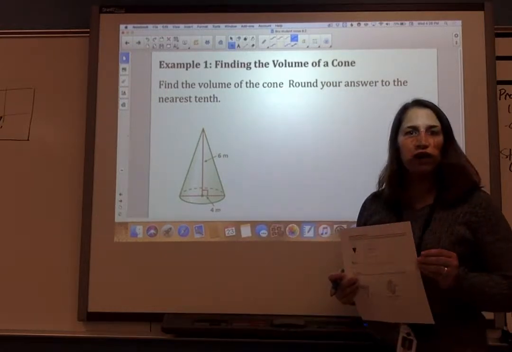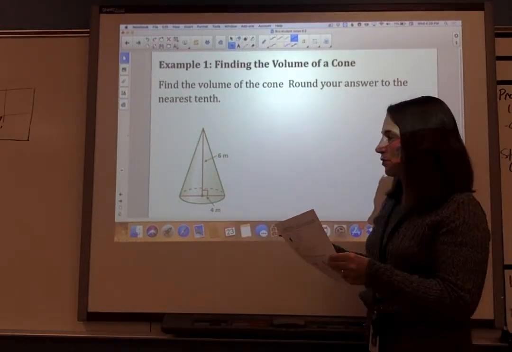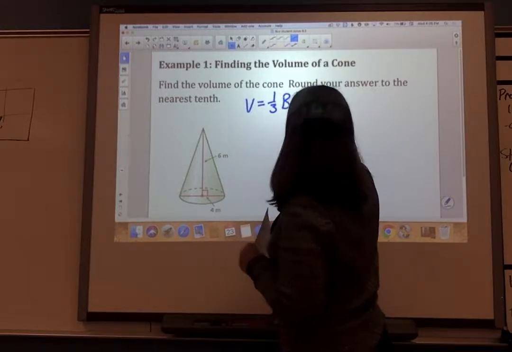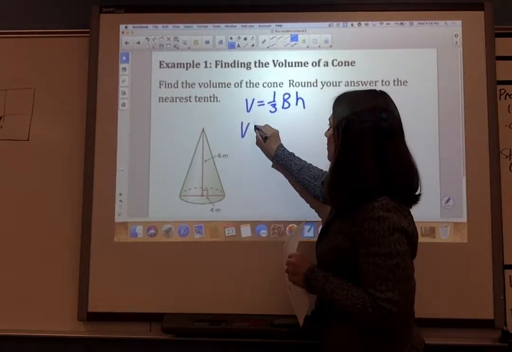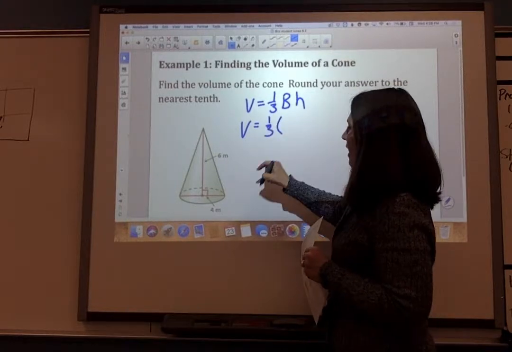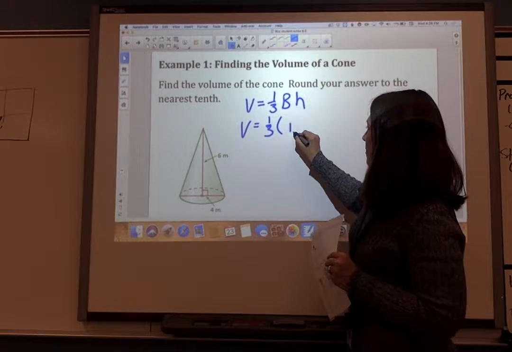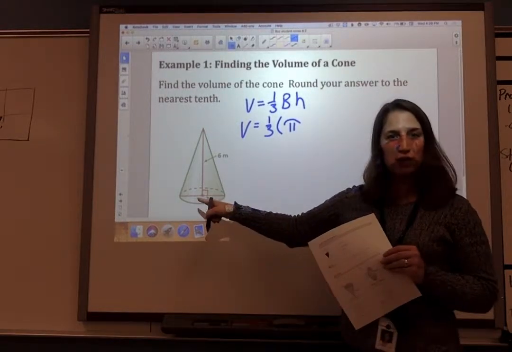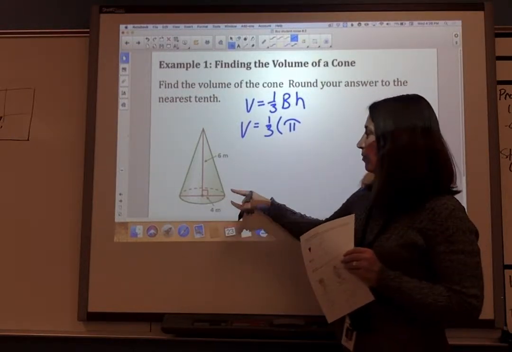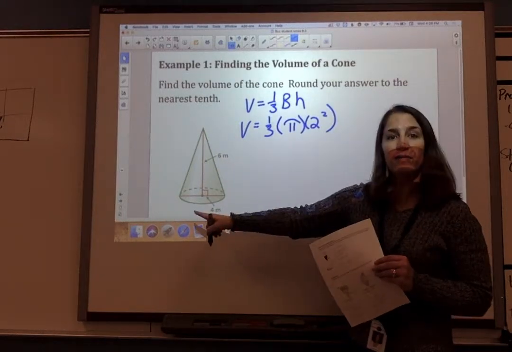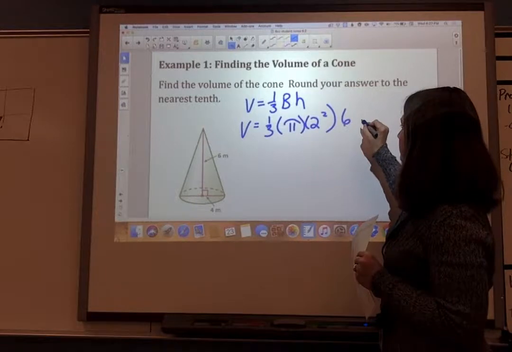So let's go ahead and find the volume of this first cone. Volume equals 1/3 times capital B times H. And our area of this base is pi times the radius squared. If the diameter is 4 meters, the radius would be 2, so 2 squared, times the height of the cone, which is 6.